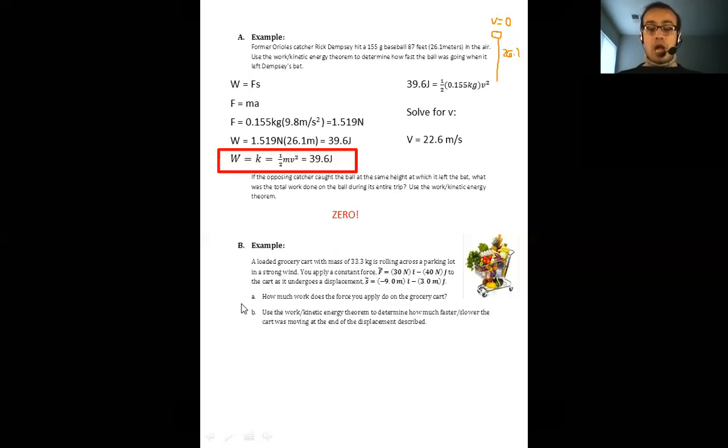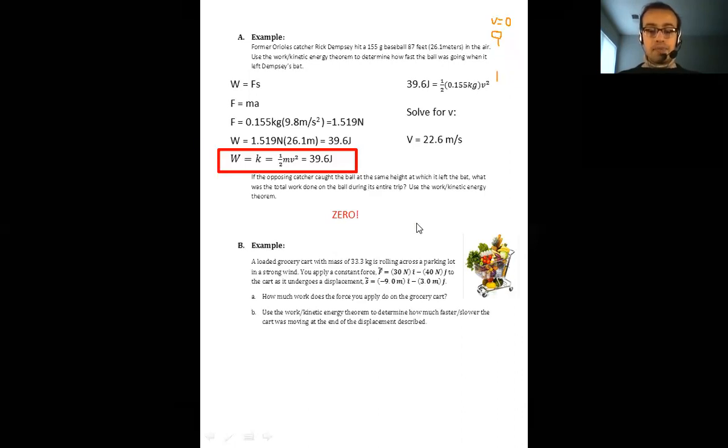So first question is, how much work does the force you apply do on the grocery cart? So how much work are you doing on the grocery cart?